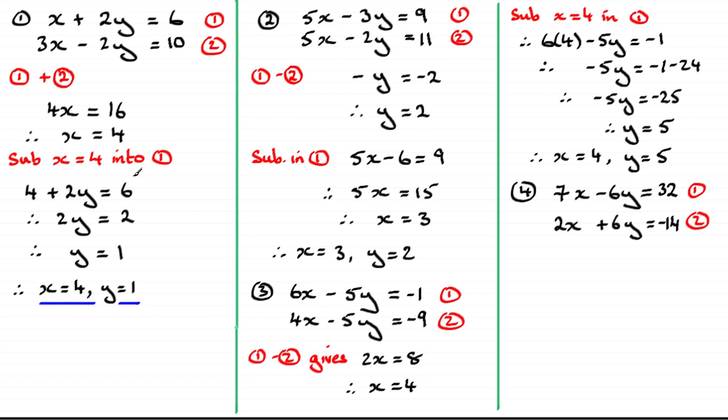Go for it. And then after this, I'm going to give you a GCSE question, and it's going to show you how we can apply simultaneous equations to a geometrical problem. So you might want to hold on for that. See how you get on.